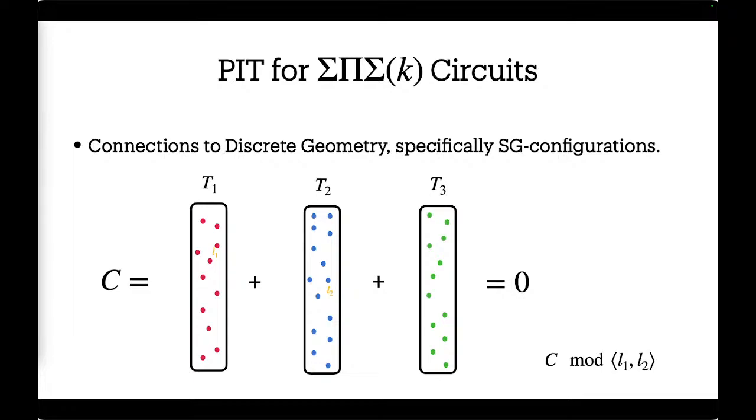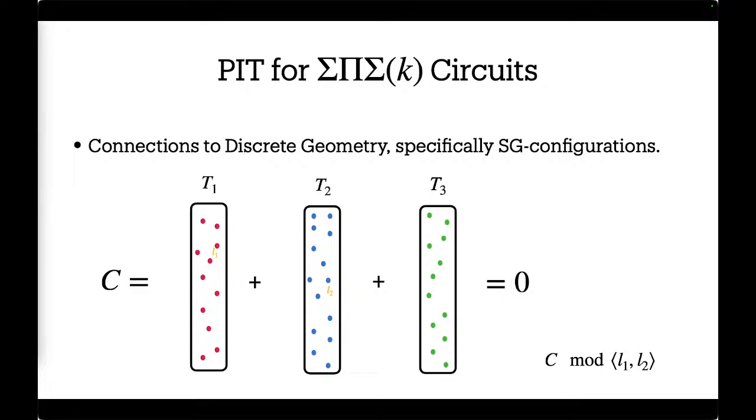Before we go into reconstruction, as we talked, it's harder than PIT. So what do we know about PIT for these models? As Rafael talked about earlier, these find really interesting connections to problems in discrete geometry, specifically these Sylvester-Gallai configurations, right? What does that even mean? Well, just consider top fan-in 3, and you have a top fan-in 3 depth 3 circuit that is computing an identity.